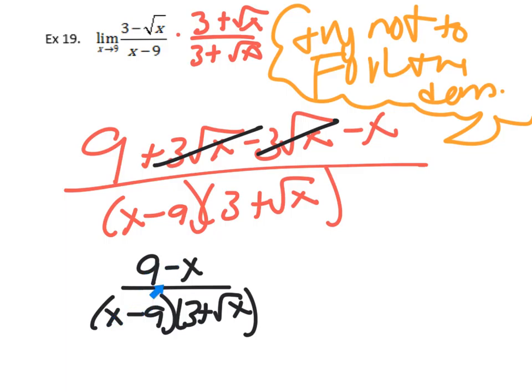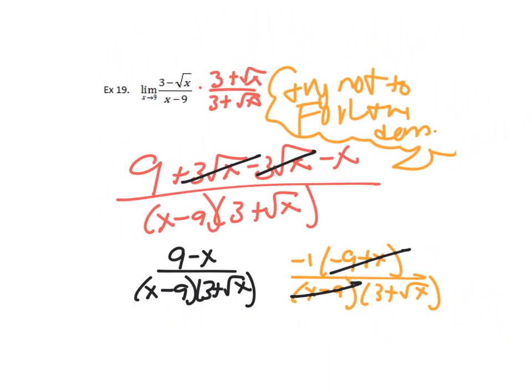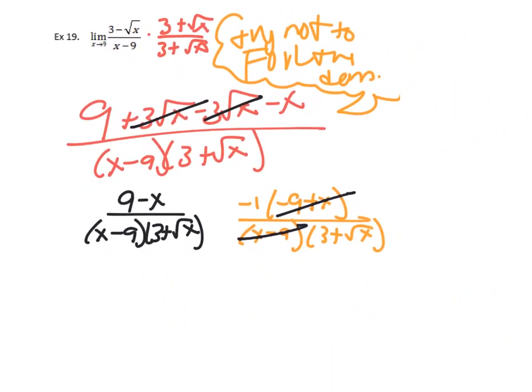In order to cancel these out, I'm going to have to factor out a negative 1. So I'm going to factor a negative 1 out of the top. So that gives me negative 9 plus x over x minus 9, 3 plus square root of x. Then these cancel, and I'm left with, let me make another color.